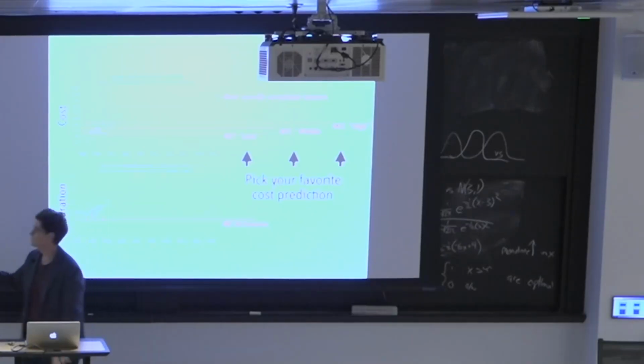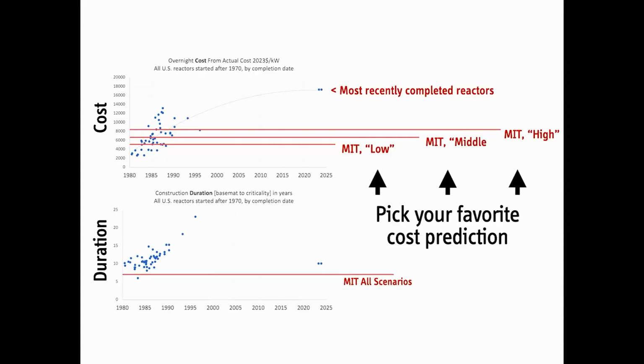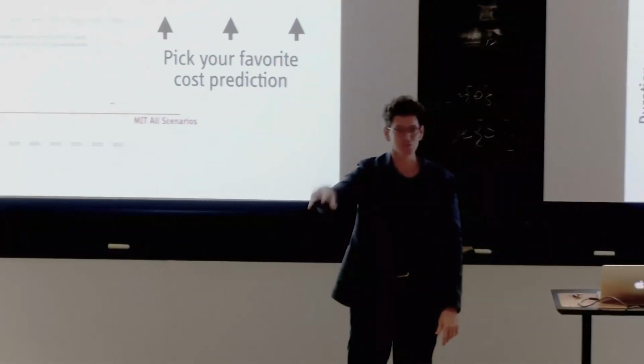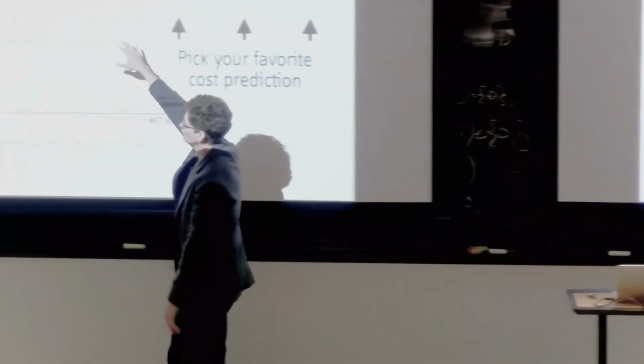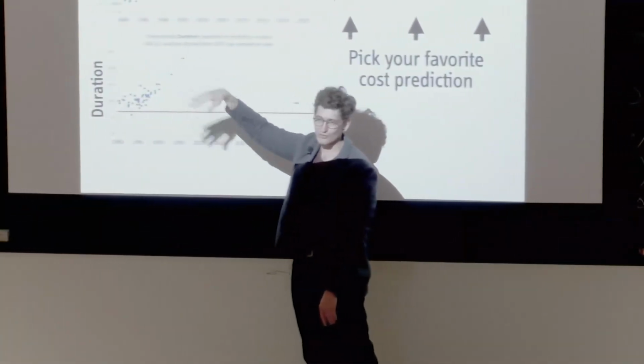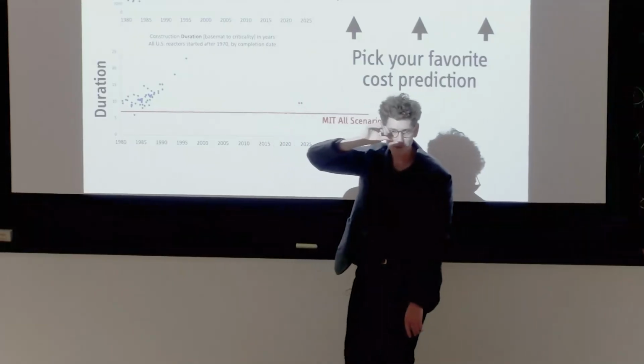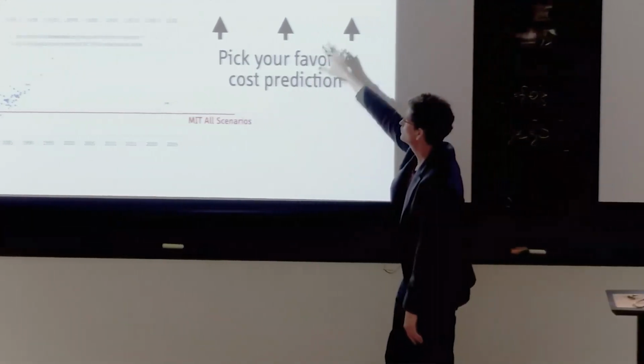My magic ball is as good as yours. So you just pick a number that you think is the most fair cost and keep that number in your head, right? Although I would say, take note of how low is low, because that's going to show up in the results. But you pick a number.